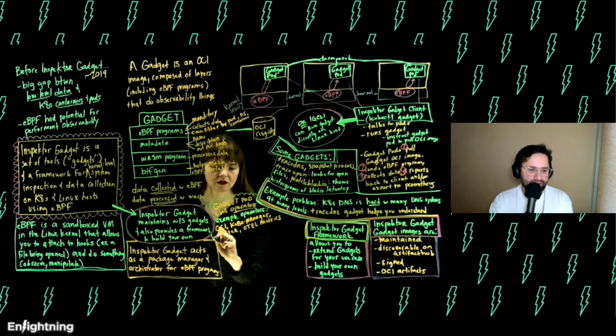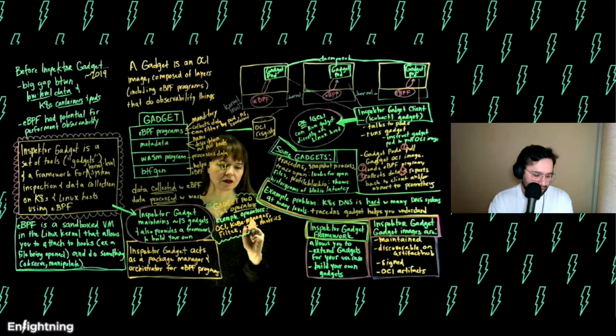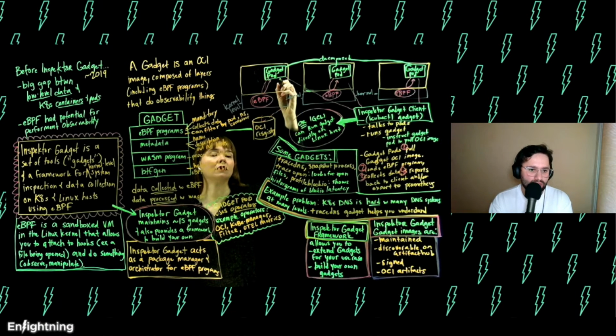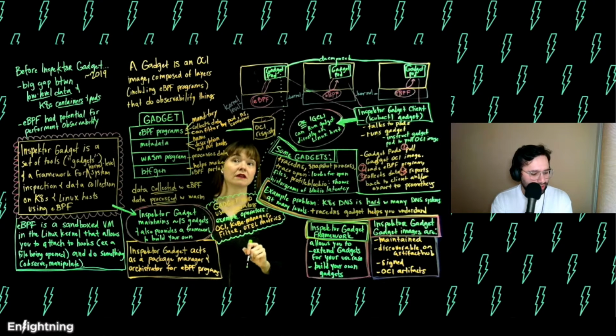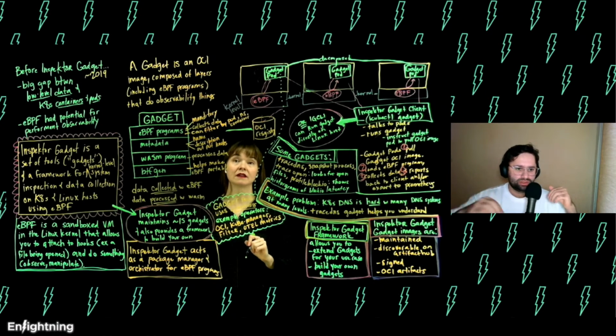Right now it's part of the Inspector Gadget code base, but in future maybe we allow you to write your own operators. So if you, for example, want to export your metrics or your observability data to custom, proprietary solutions, you can do that.